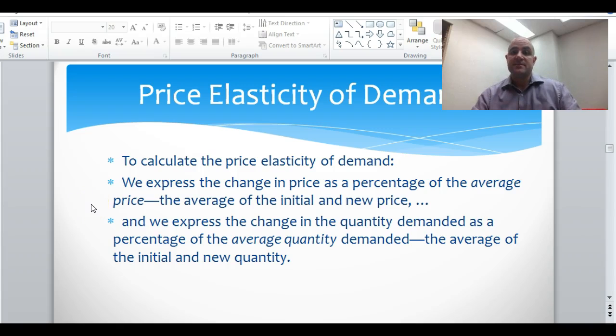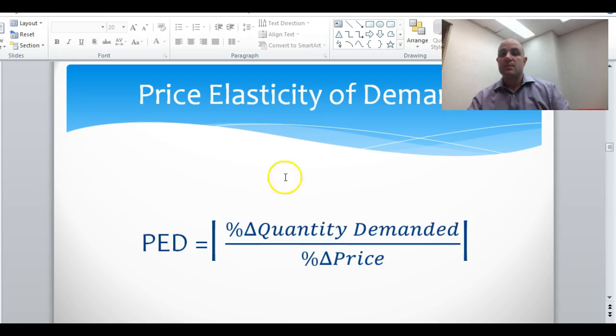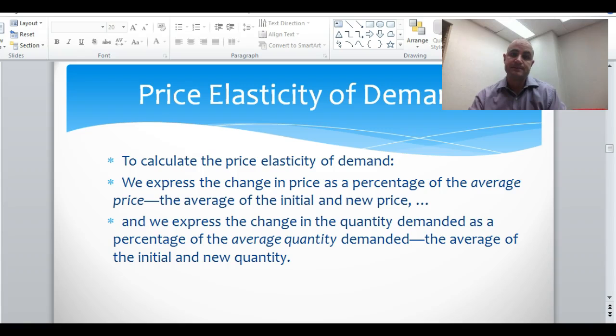To calculate it, the one thing we're going to look at is an average price. We're going to look at two prices. We're going to look at the change in the quantity demanded as a percentage of the average quantity demanded. So again, price elasticity of demand is the percentage change in the quantity demanded divided by the percentage change in price.